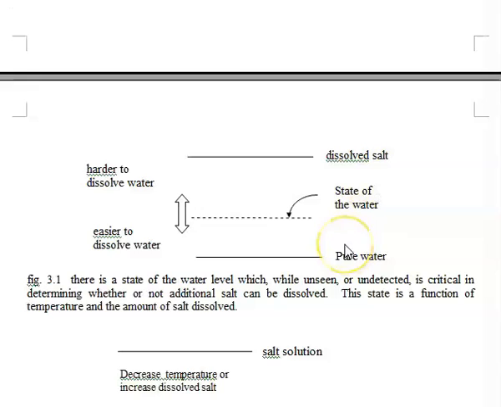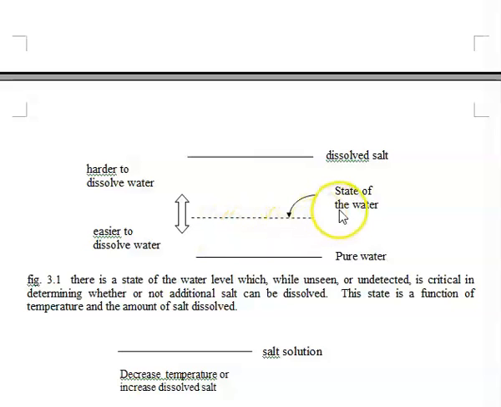And here we have an energy band diagram for salt water. Well, there is no such thing as an energy band diagram for salt water, but that's okay. We're going to make one up. So I have pure water down here. I have dissolved salt saturated up here, and I'm going to claim that as the temperature goes up, it is easier to dissolve the salt in the water.